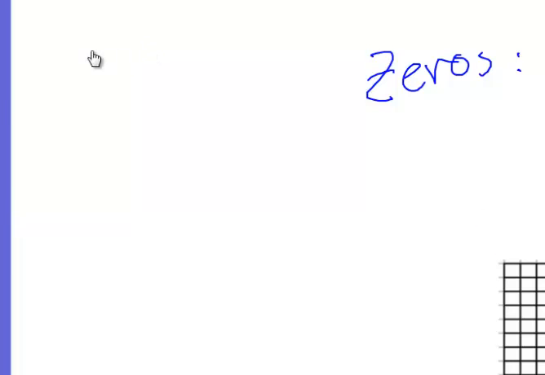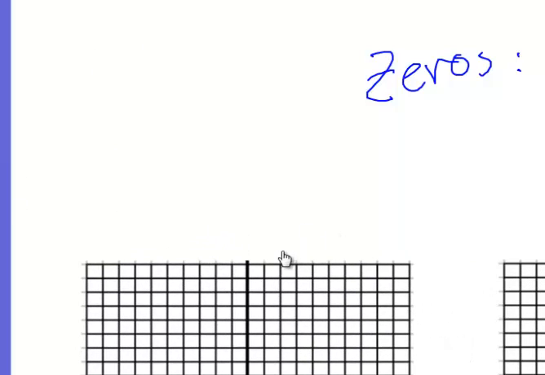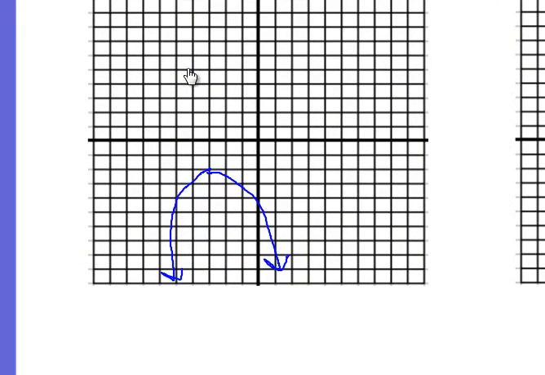So that's totally fine. The other scenario you could come out with is what happens if our graph never touches the x-axis. For instance, let's say the vertex is here and our graph opens downwards. Okay, that's perfectly fine. You would just say your zeros is none, because there's no place where this graph is crossing the x-axis. This is another scenario where there technically are zeros, but they deal with imaginary numbers, something we haven't done yet.